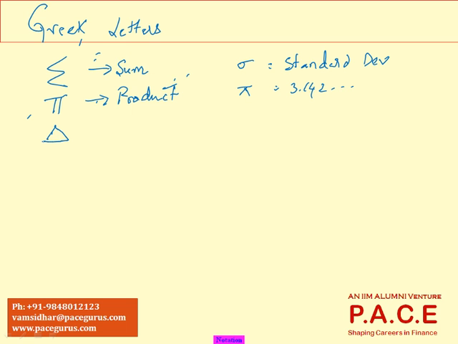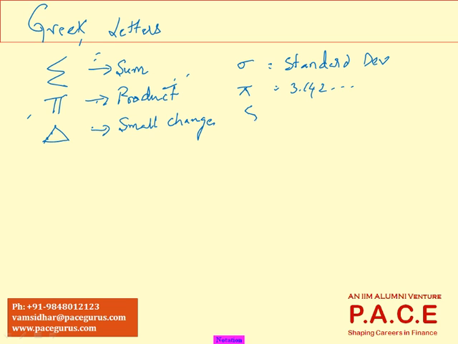Then this is called delta. Delta is used to denote a small change or difference. When I say delta x, we mean that there is a small change in the value of x, that is what we call delta x. Delta is one more most commonly used symbol in the Greeks.